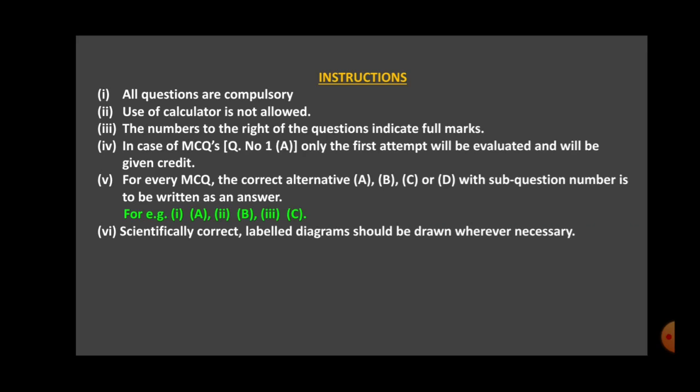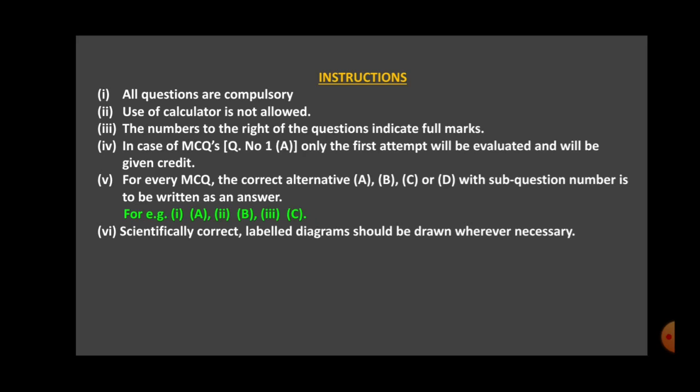Now in MCQ, you have to write the alphabet for the correct answer as it is shown in the example. First A, second B, third C. If you write the word, say mitosis or meiosis, whatever it is, or metal or non-metal, you will get 0.